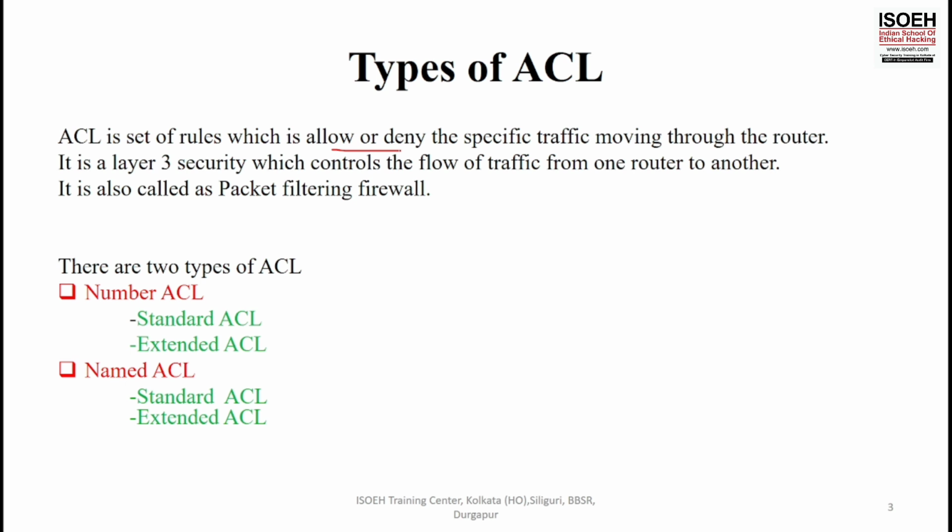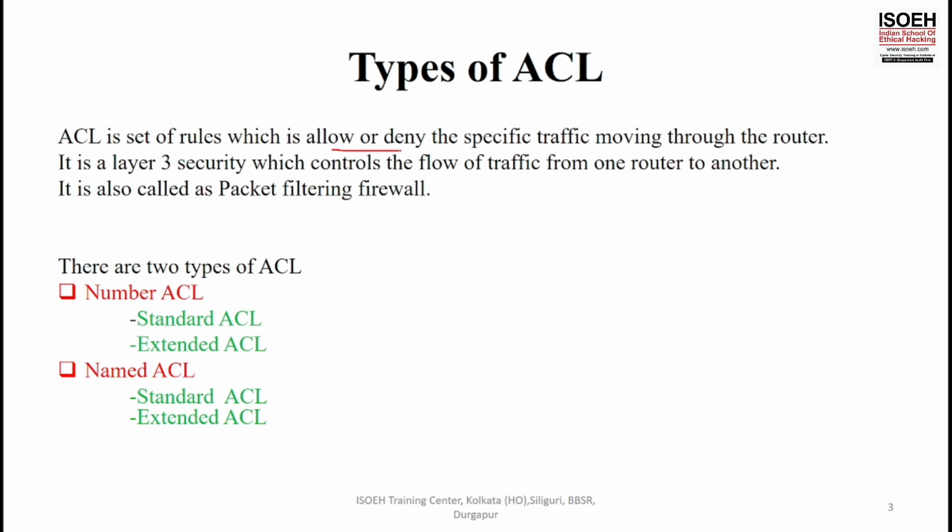Router also works at layer 3, and this is one type of security which controls the flow of traffic from one router to another router. So you choose which router will protect your traffic in a running network scenario.